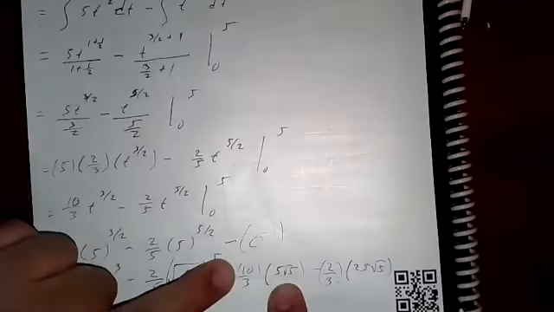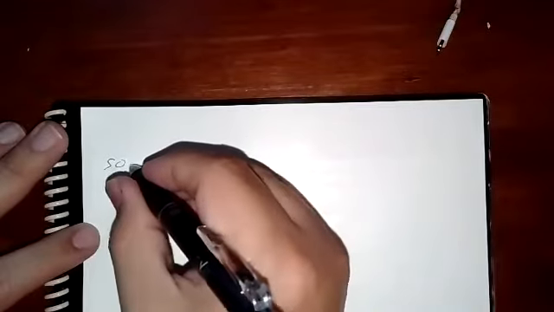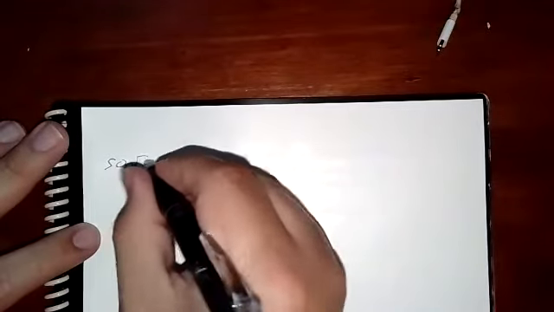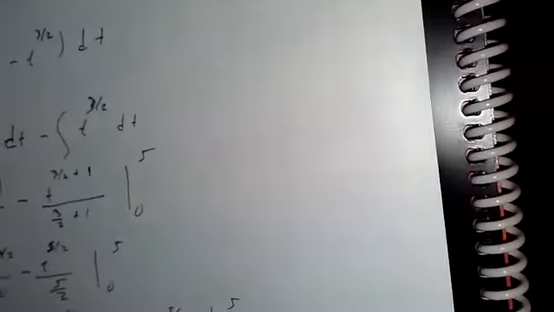Let's see. That'll be 10 times 5 is 50, right? So we'll put 50 root 5 over 3, minus 50 root 5 over 5 or 2.